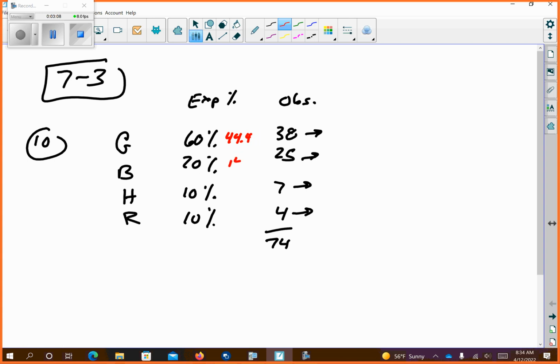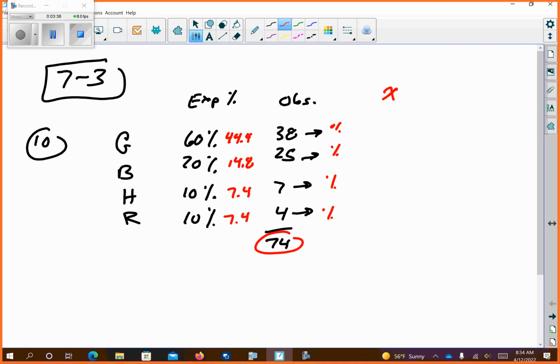If we went through this, this would be 14.8. This would be 7.4. And this would be 7.4. So I'm just turning the expected values. Being we have 74 snakes, I'm finding 60% of 74, 20% of 74, 10% of 74, 10% of 74. So they were expecting to see these snakes. We could have done these as percents if we wanted to, which it's still going to work the same way, but we'll just go with the way I've done.